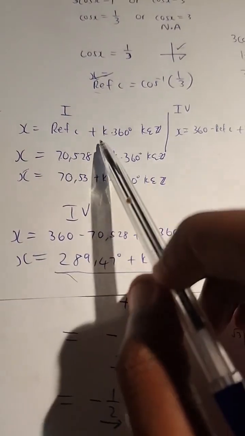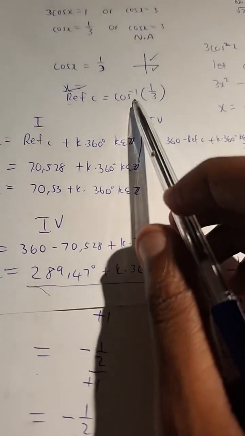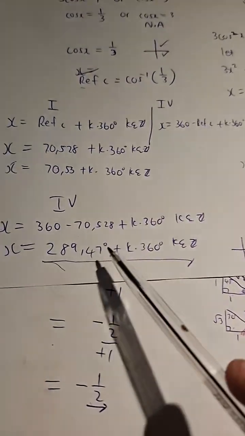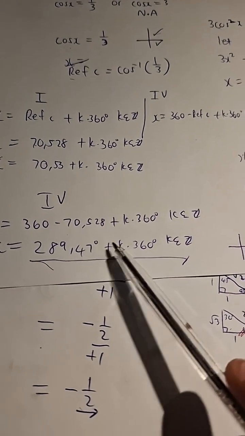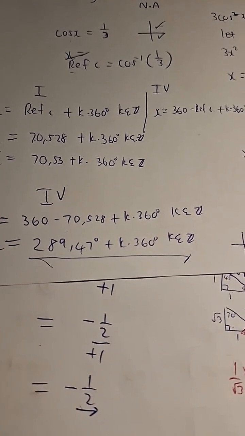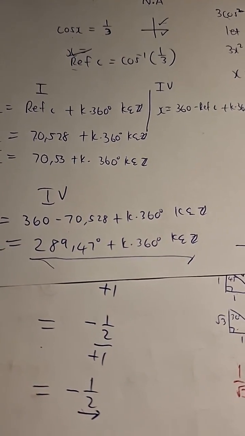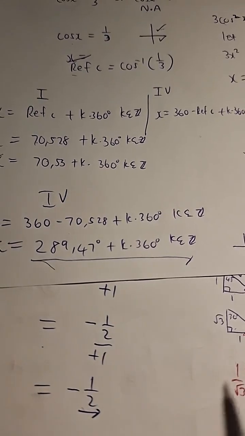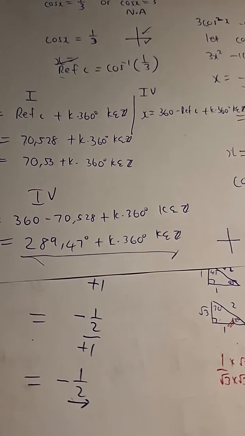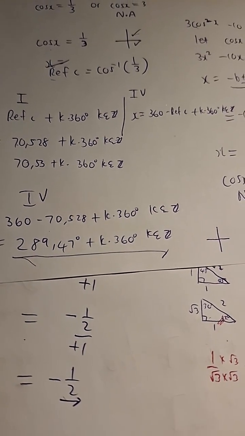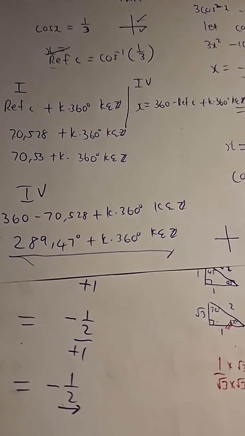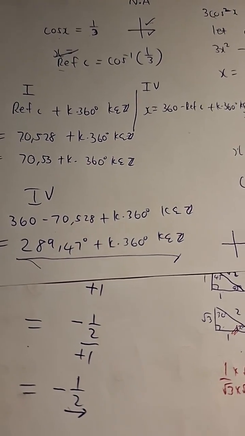If it's really 477, if 360 minus this cos of this inverse of 1 over 3, then if it's 477, then it's 48. Okay, it's only 47. Okay, that's fine.